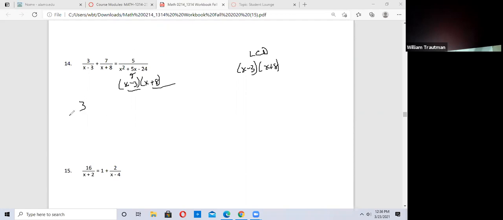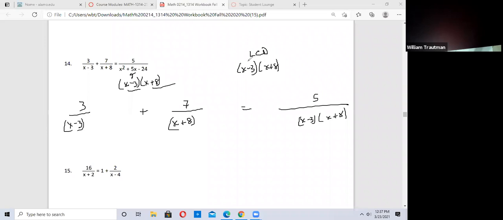We multiply 3 over x minus 3 by x plus 8. And then we have an equal sign, and then this 5 over, and I'm going to leave it in factored form, x minus 3, x plus 8.